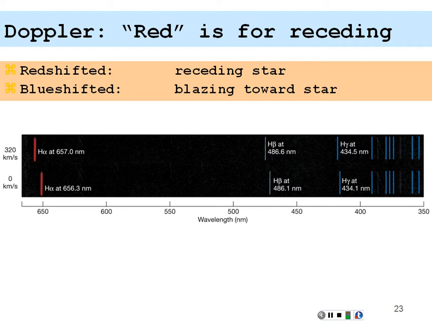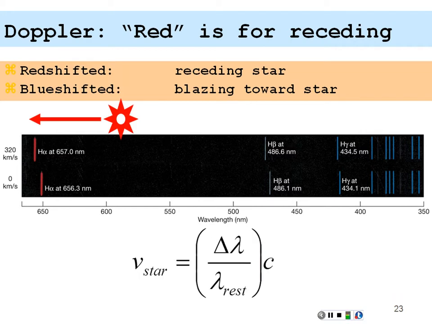That means it's moving away from you. And if it's blue shifted, that means it's blazing towards you. Blue shifted blazing, red shifted receding. You can actually measure the speed of that star by its change in wavelength over the wavelength at rest, that fraction, the change over the rest wavelength times the speed of light will give you the speed of that star.